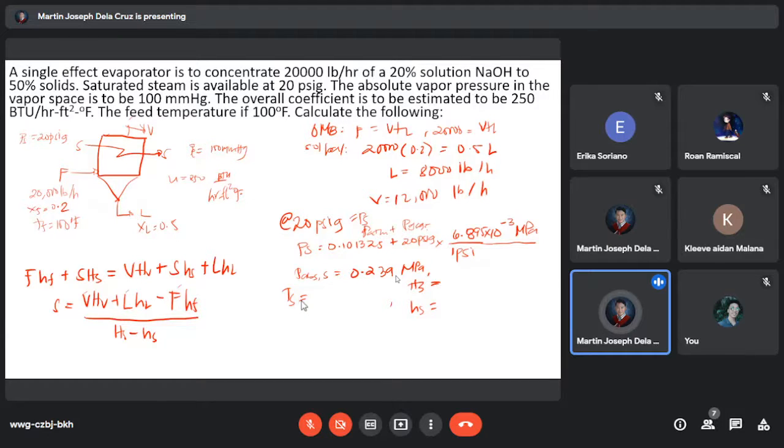Okay, meron na. Temperature ulit. Sino na in-assign ko? Roan? Wait lang, sir. Sige. How about the others? Are you ready? Bea, saturated liquid ba?